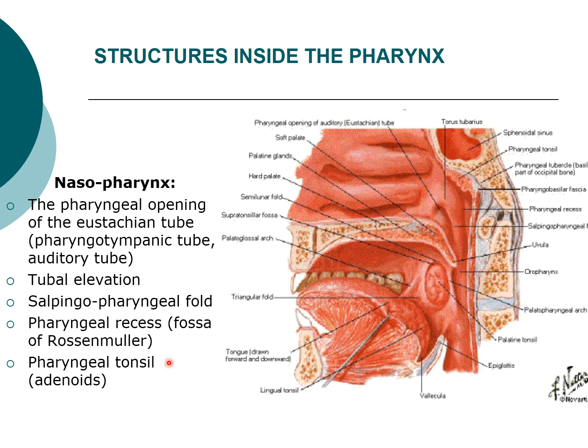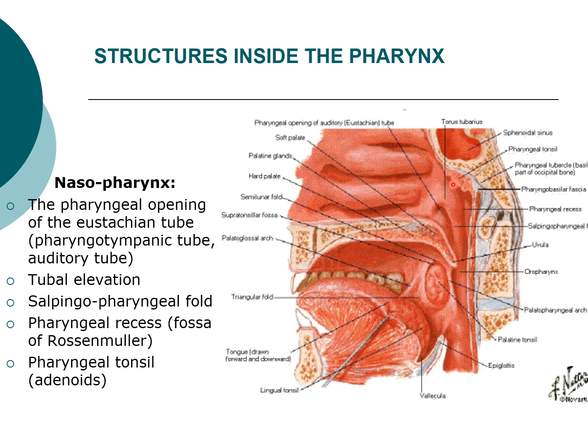It is sometimes swollen and becomes very big, and descends downwards, obstructing the airway passages. This is called adenoids.